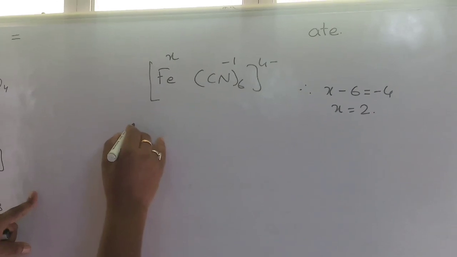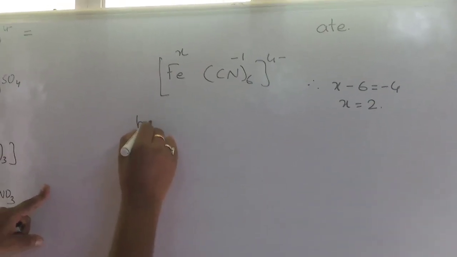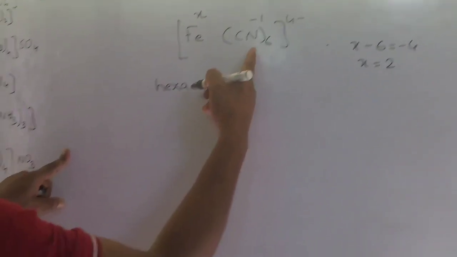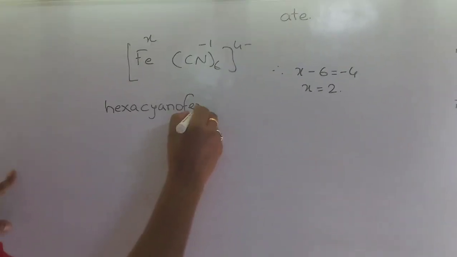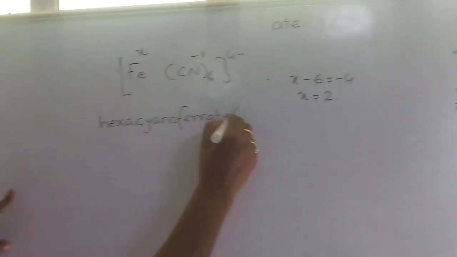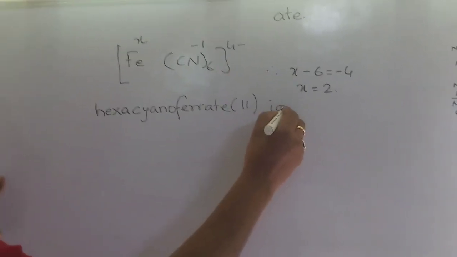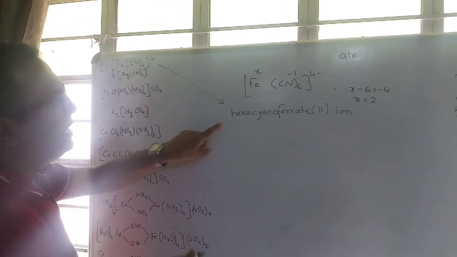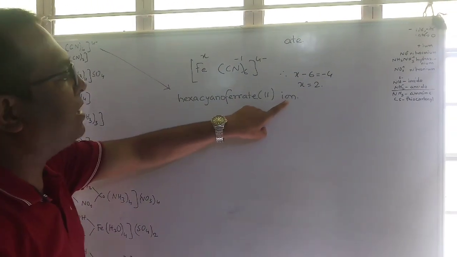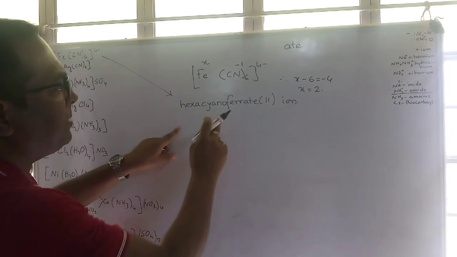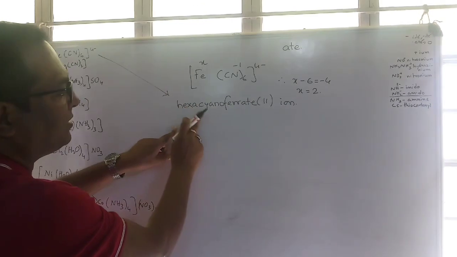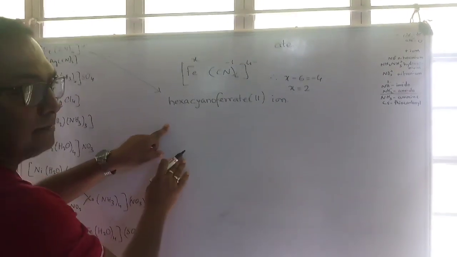So we write hexacyanoferrate(II) ion. Remember, when you write the compound, you have to write the ligand first, followed by the metal atom.